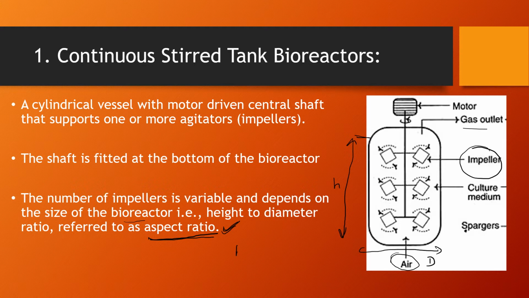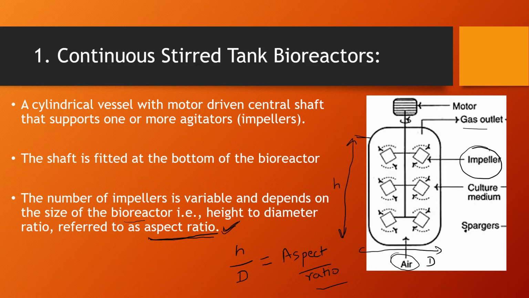So h by d is called the aspect ratio. The more the height and the lesser the diameter, the more the aspect ratio, right? So how many impellers will be required depends on the aspect ratio as well.